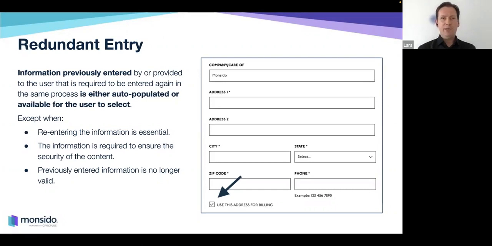The example we have here, and that's really one that I often see, is when you're entering your invoicing address in a checkout process, and then afterwards you have to enter your billing address, and you have probably seen this before. Then you get this little checkbox just saying, I want to use the same data. An example of fulfilling this new success criteria.